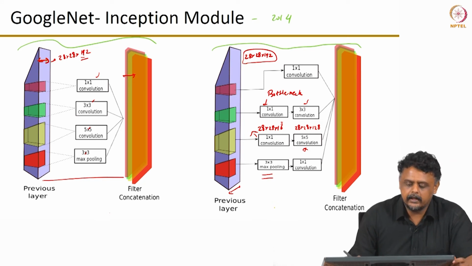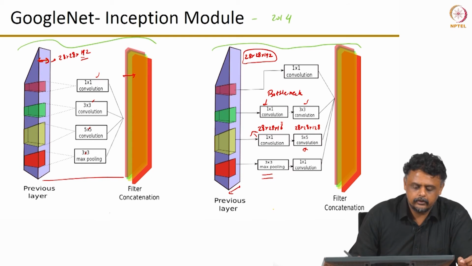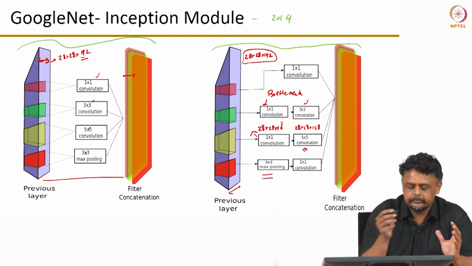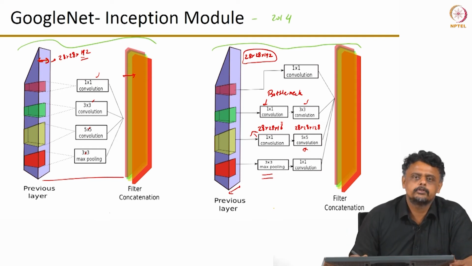So these were two of the big innovations in the Inception module. If you saw in VGG, they divided the network into blocks, and each block had a succession of convolutions.